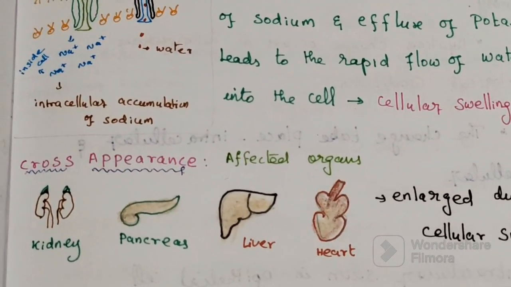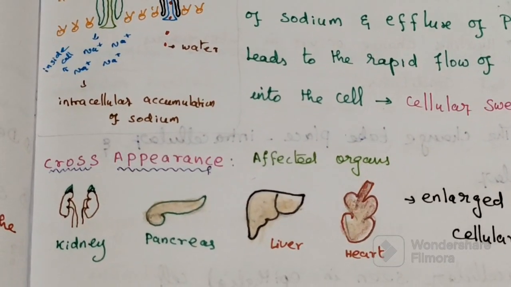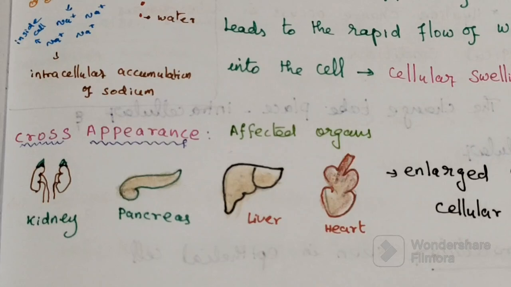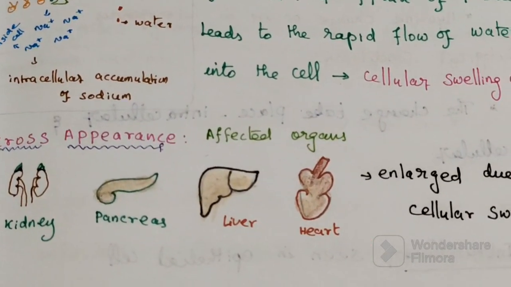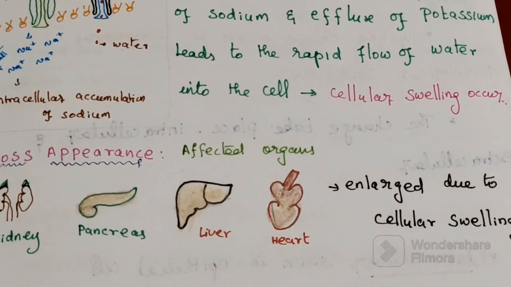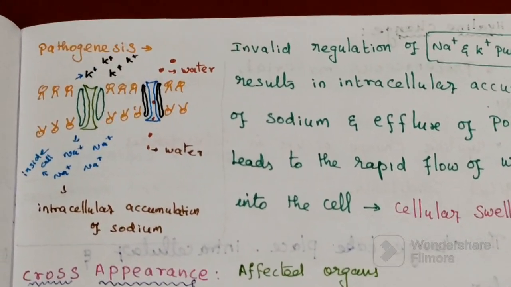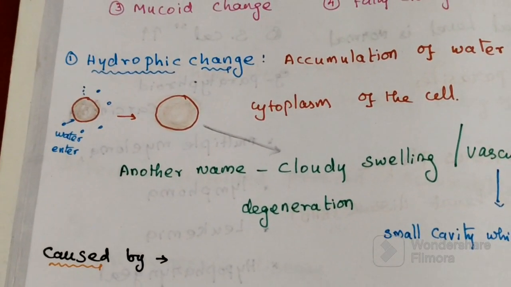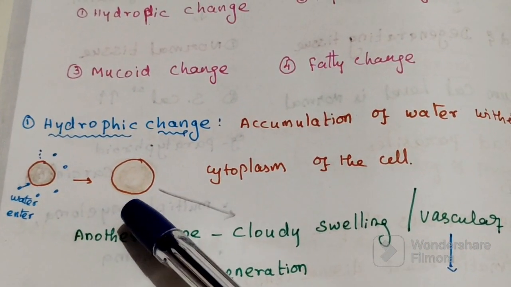What about gross appearance? See, these are the pictures. Affected organs like kidney, pancreas, liver and heart are all enlarged due to cellular swelling. So the first one is hydropic change. Water molecules come inside and cause cellular swelling.